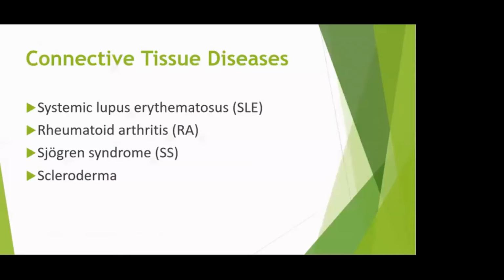Okay. Connective tissue diseases, such as systemic lupus erythematosus, rheumatoid arthritis, Sjogren's syndrome, and scleroderma, are immunologically mediated disorders that typically present with multi-system involvement.